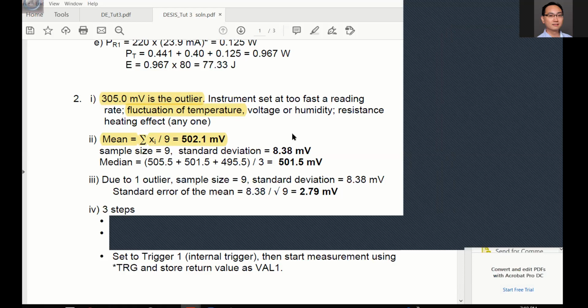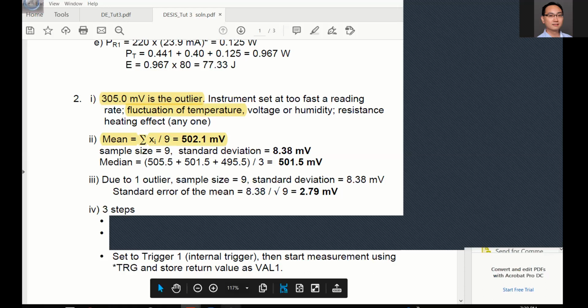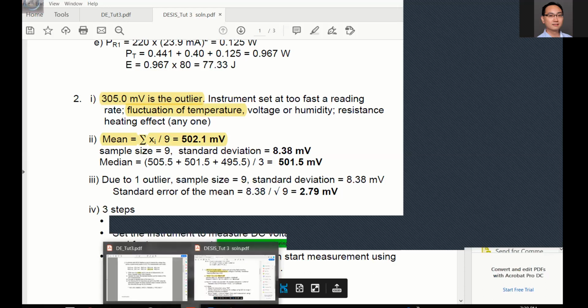Why 9? Why not 10? Do you know? The middle one, we take the total 9 numbers, sir. Correct. The outlier, you're saying? Yes, the outlier is not included. Correct. You're right, Mr. Kumar. Thank you.